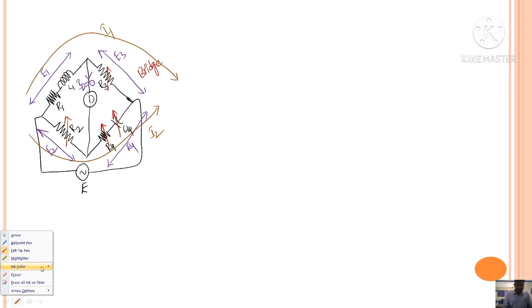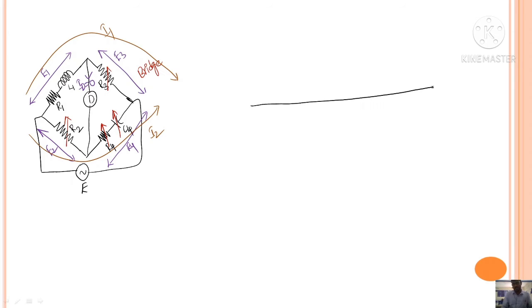Okay, now start from a simple step, considering I1 as the reference. I am considering I1 as the reference, and consider this voltage. So I1 into R3 is E3. So I am going in a very simple manner. So this is I1 into R3, which is also equal to E3. Now, under balanced condition, as the detector current is equal to 0, this terminal and this terminal are at the same potential.